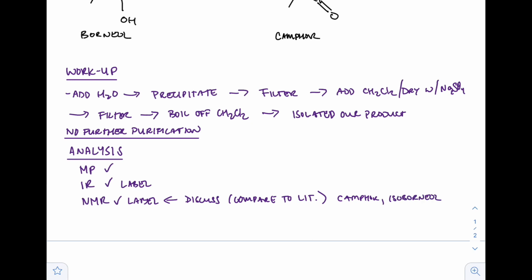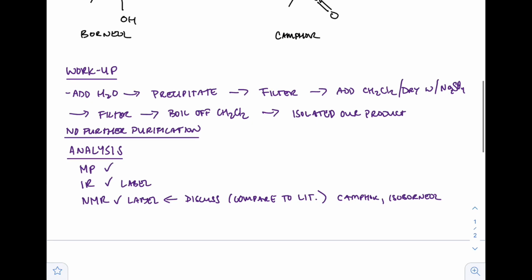Okay, and see what you see based off of what we have. And then, I forgot to say, calculate your percent yield. Okay. But that's pretty much it for the analysis.